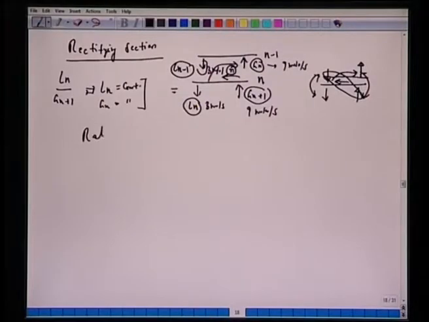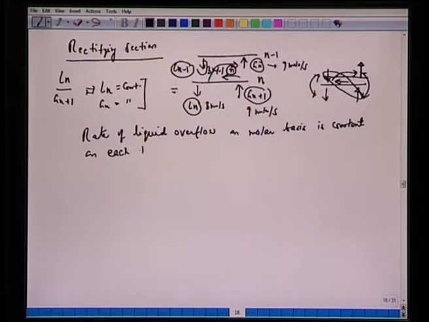And in words we can write here that rate of liquid overflow on molar basis is constant on each tray.